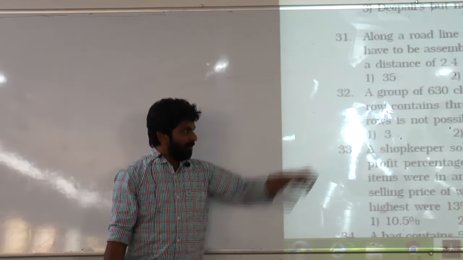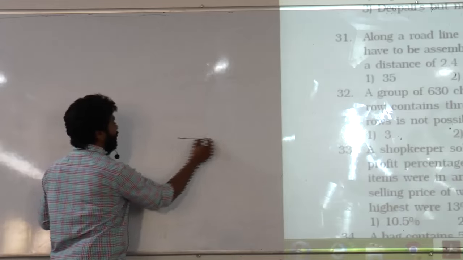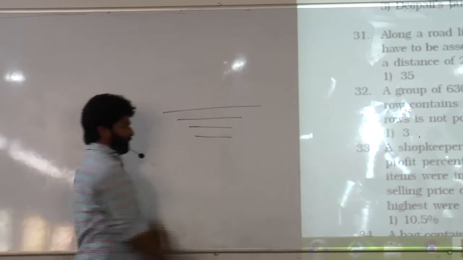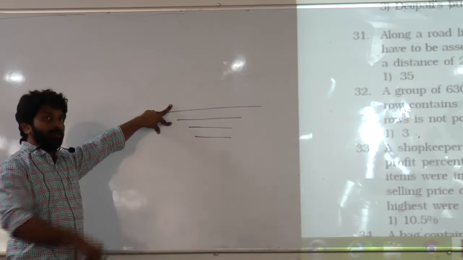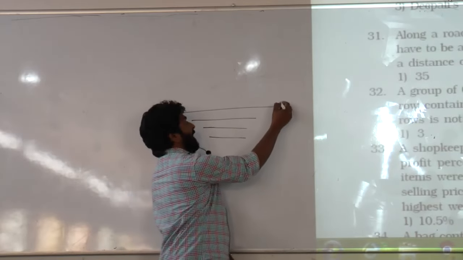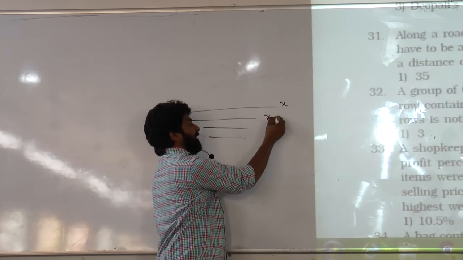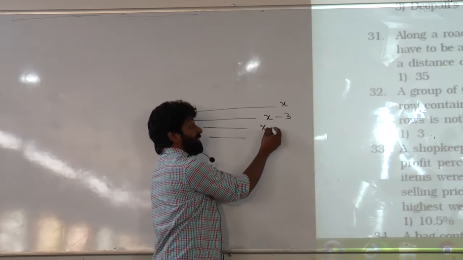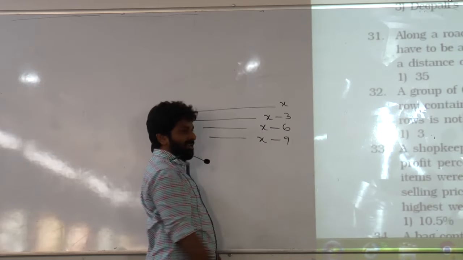Right? So let me verify first 4 and then 6. If I have 4 rows, first row, second row, third row, fourth row. What is the difference between 2 consecutive rows? 3. If you have x persons here, this will be x minus 3, and this is x minus 6, x minus 9.